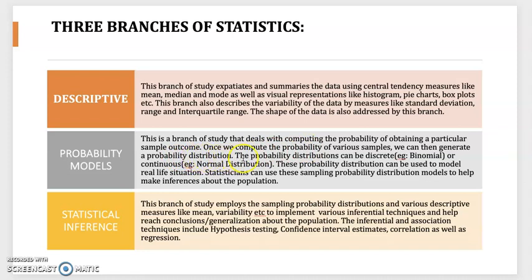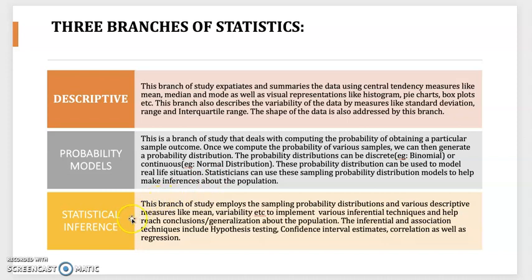There are two kinds of probability distributions: discrete, such as the binomial, or continuous, and usually we see the normal distribution. This probability distribution can be used to model real-life situations. So statistics can use this sample probability distribution model to help make inferences about the population.